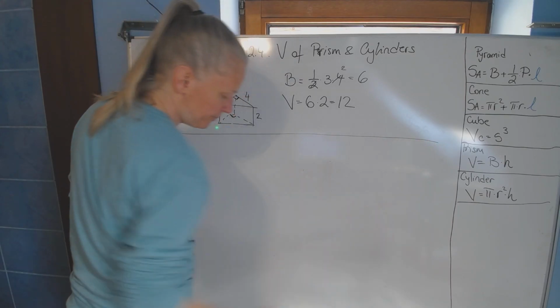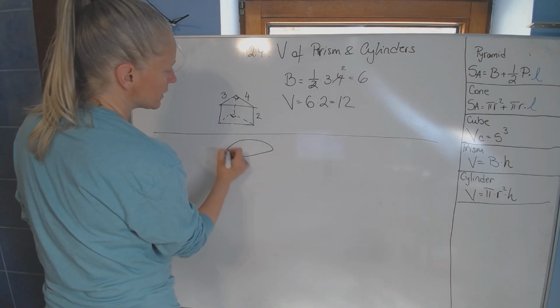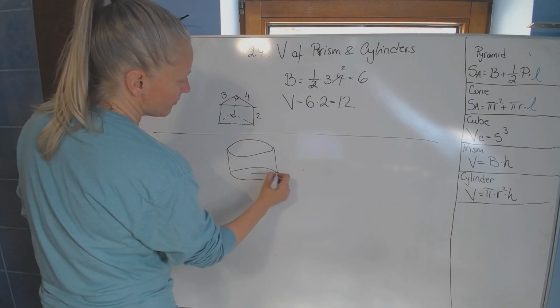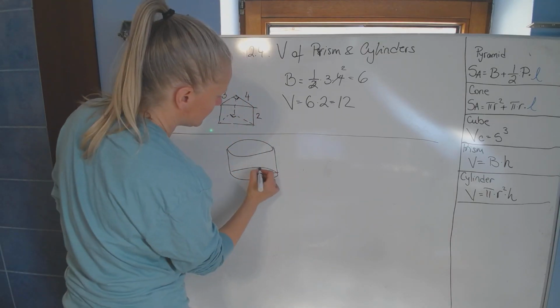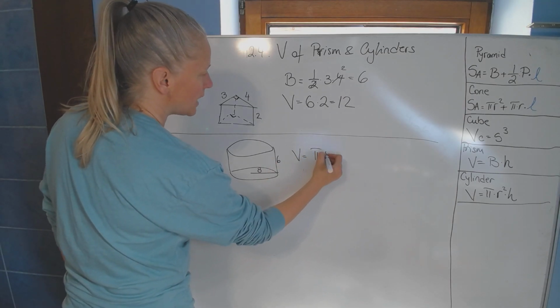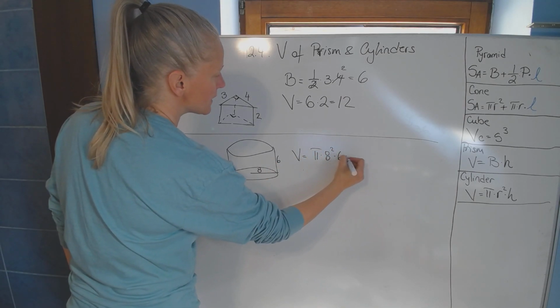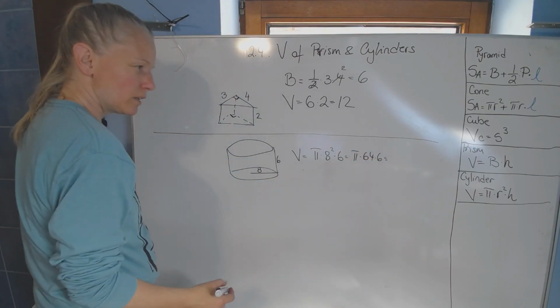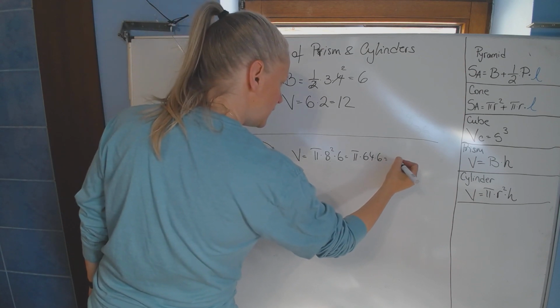For part B, I have a cylinder, a lot easier life. Here it is. My radius is 8. My height is 6. My volume is going to be pi times 8 squared times 6, pi times 64 times 6, 384 pi.